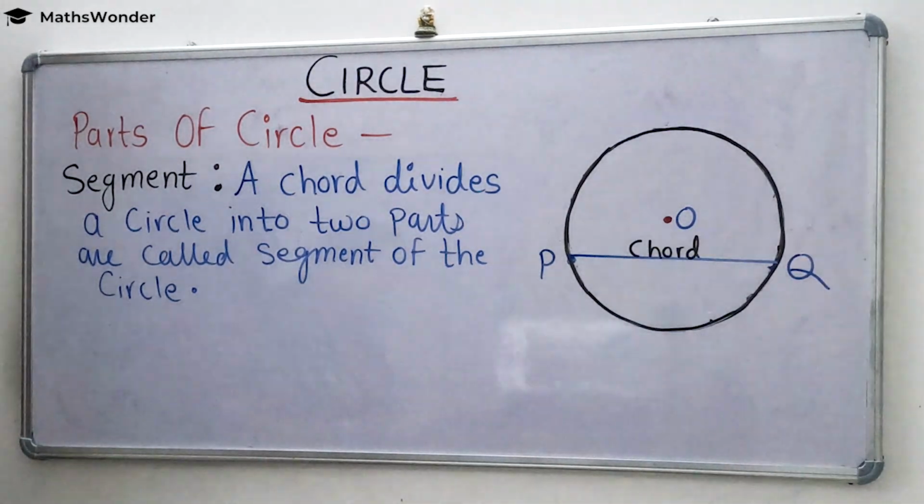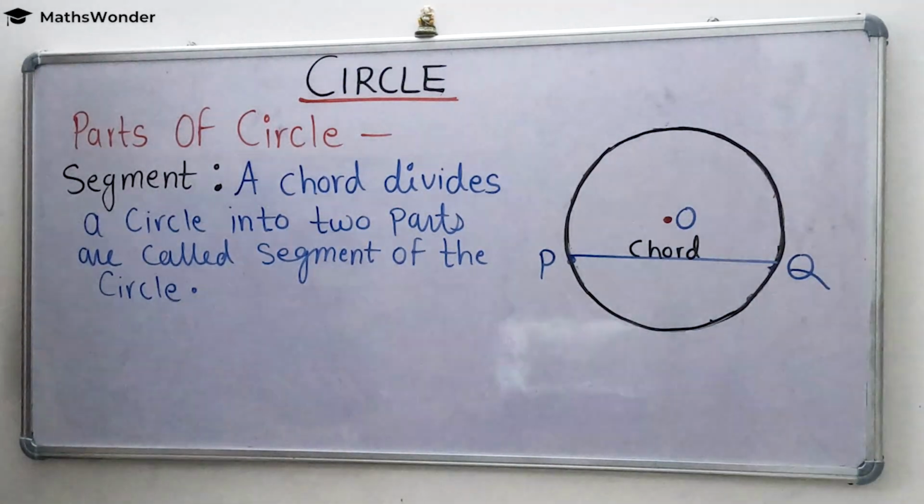A chord of a circle divides the circular region bounded by the circle into two parts. Each part is called a segment. The major segment is bigger than half of the circular region, and the minor segment is smaller than half of the circular region.